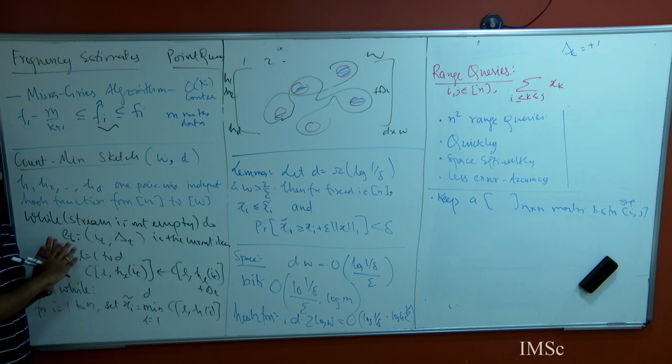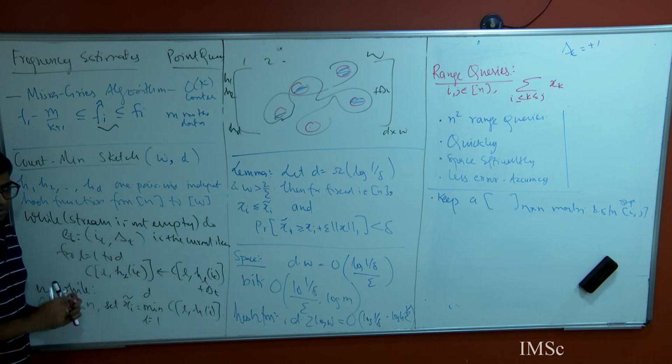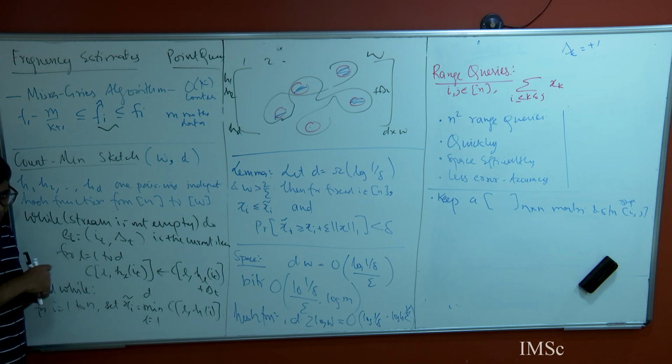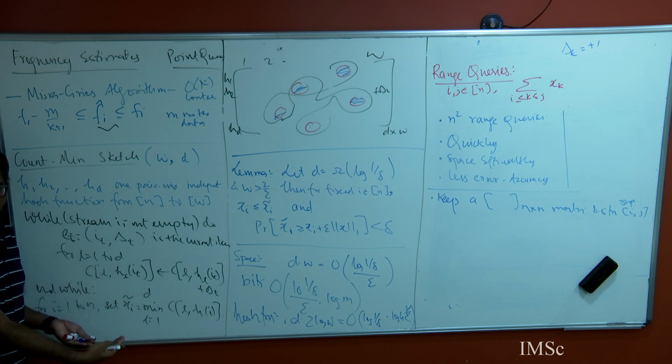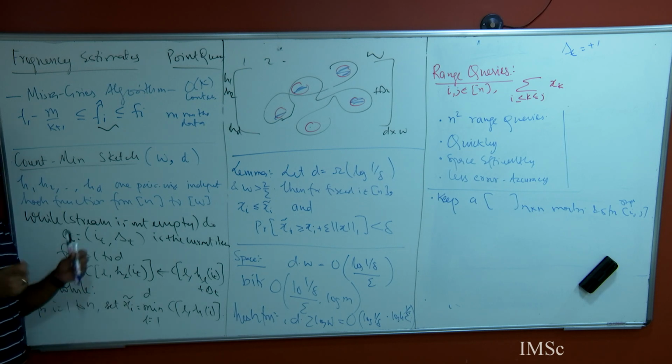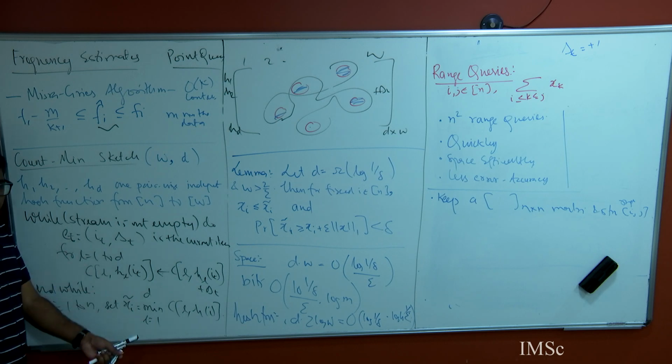But here these numbers 1 to n are coming in the stream, and the stream length is m. At the end, I want to maintain some data structure. After the stream has gone, I would have kept enough information that I can create a data structure such that if you ask me a query, I am able to support it, as quickly as possible, with good accuracy and everything.